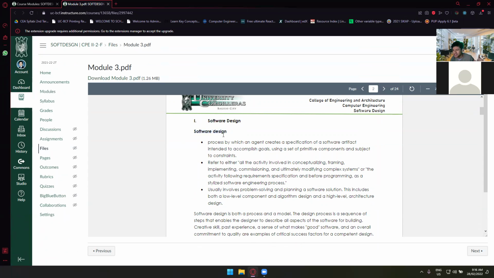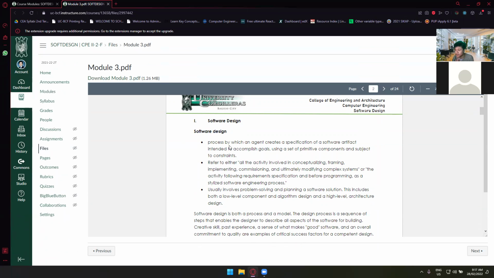This is not like design thinking, wherein you are the one who comes up with the solution. Software design is more on a pattern. If there is a problem, you will use an existing solution to solve that problem. We already have a lot of patterns, techniques, and tips on how to solve problems.